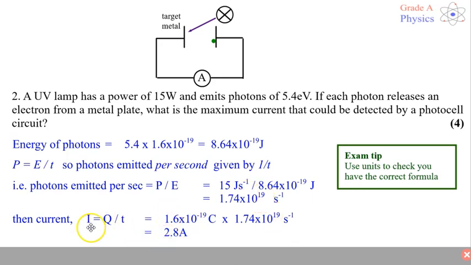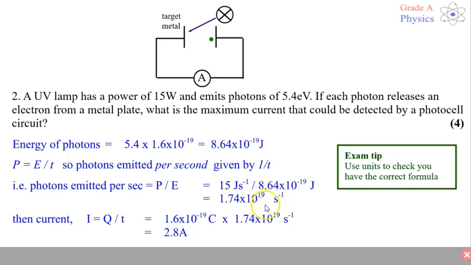Mathematically, this final stage is quite straightforward, but once again, you could get really confused with how to use these numbers. So your starting point would be to write down the formula for current, I equals Q over T. If we're thinking about one electron, we know the electron has a charge of 1.6 × 10^-19, and the number of electrons per second will be the same as the number of photons per second, because we assume that every photon produces 1 electron.